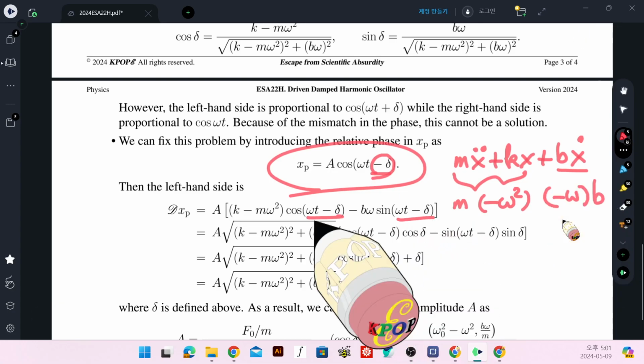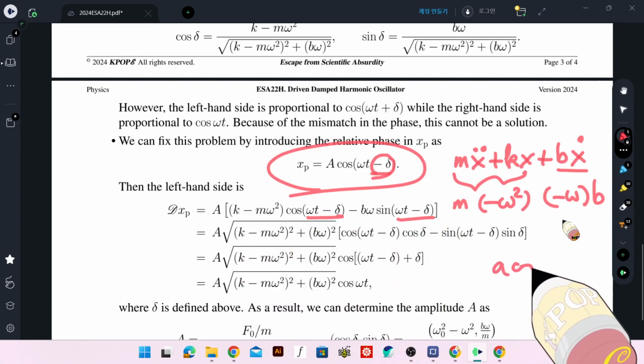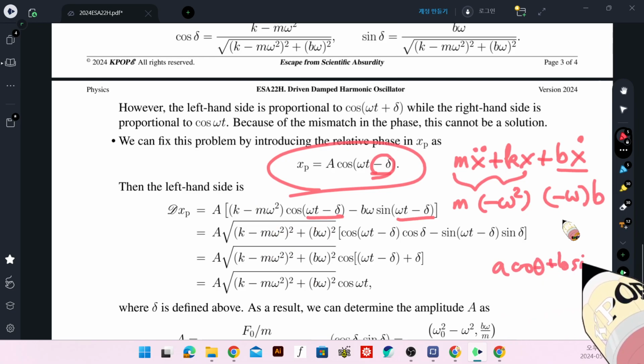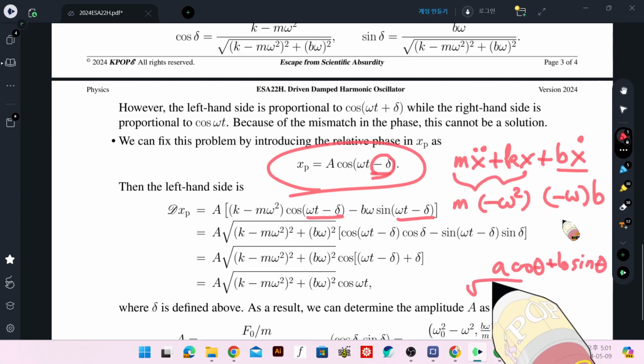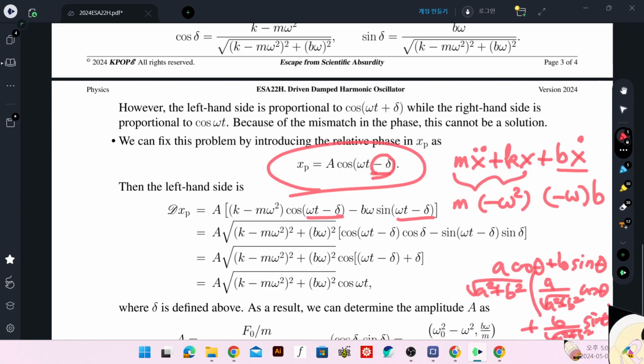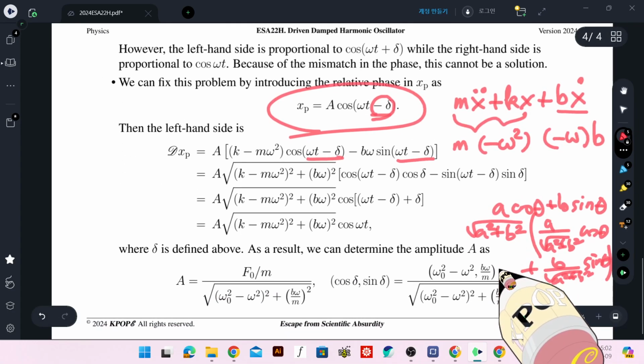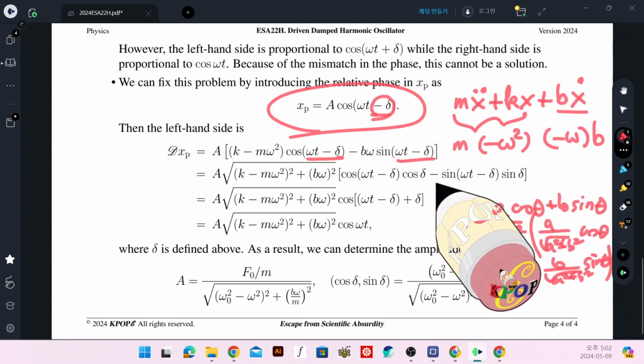We remember we can combine these two, for example a cosine theta plus b sine theta. We pull out the square root of a squared plus b squared, with a over the square root of a squared plus b squared multiplying cosine, and b over the square root of a squared plus b squared multiplying sine theta. We apply the addition formula for the sinusoidal functions, and finally we find it is a cosine.